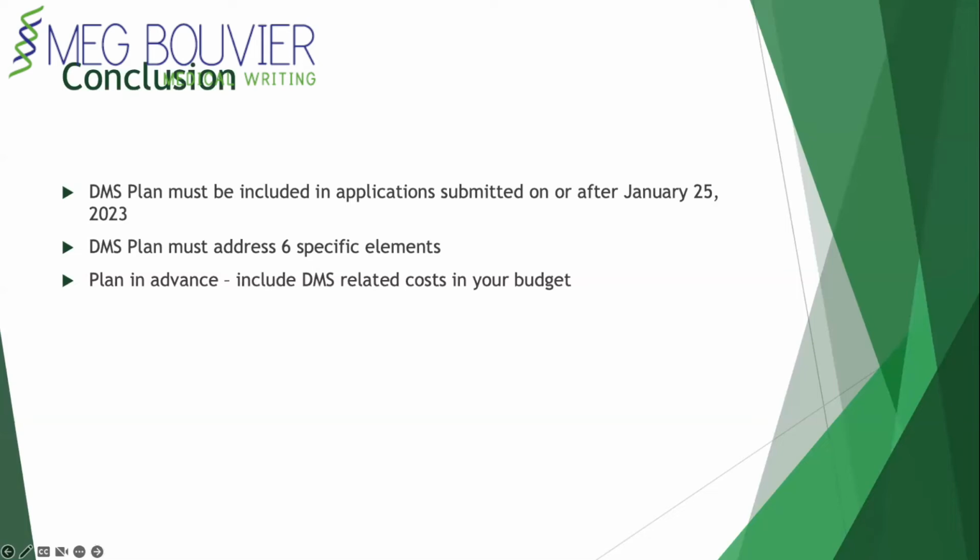So a couple of things that I want to say from my perspective on this. In terms of writing the grant application, err on the side of giving too much information and writing too much in these plans.